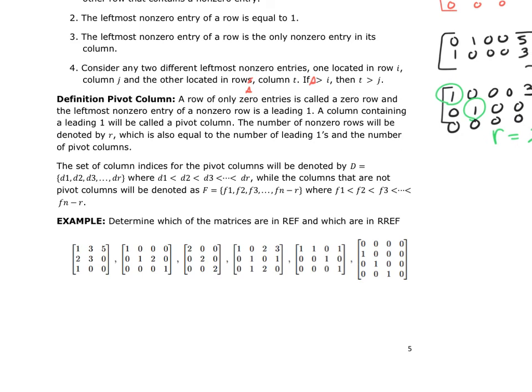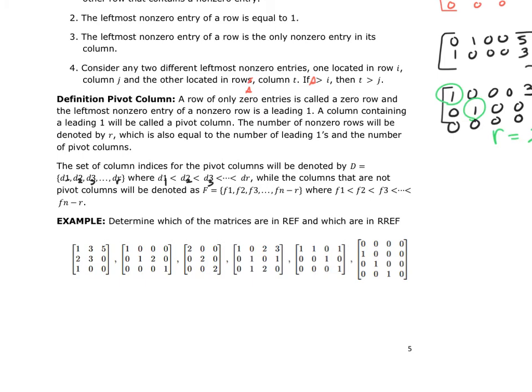Adding a little bit more notation here. When we talk about the pivot columns, the column indices for the pivot columns will be noted as D, so D sub 1, D sub 2, D sub 3, up to D sub R, where D1 is the first column, first row. D2 could be the second column, second row.